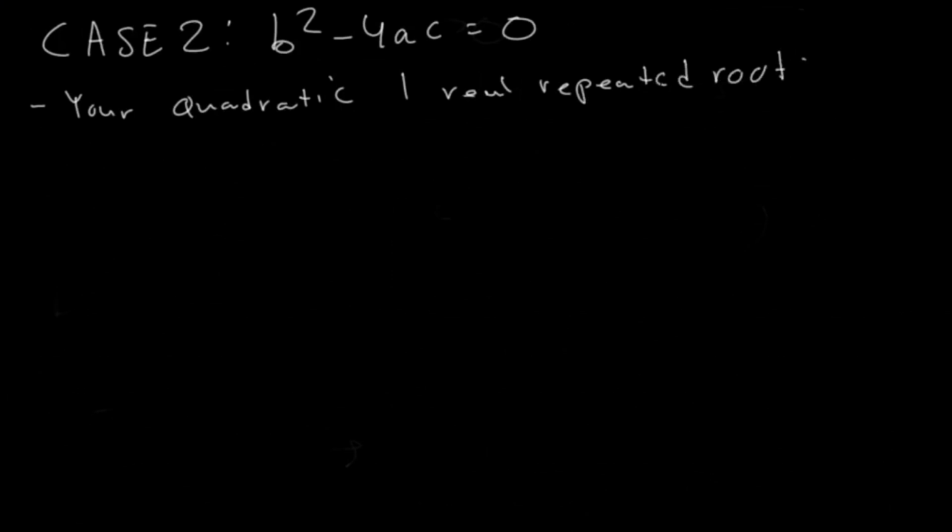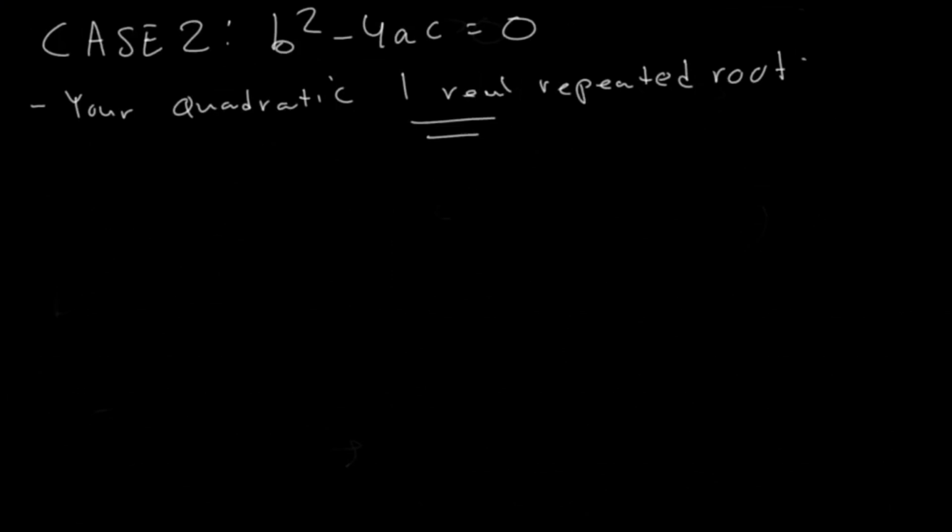So basically it occurs twice, but it's only one real root. It's a little confusing, but it basically just means that there's only one root, or in other words, one solution. It touches the x-axis once.